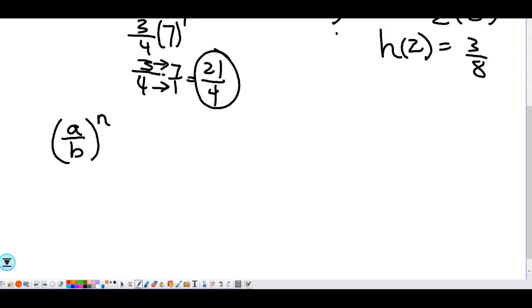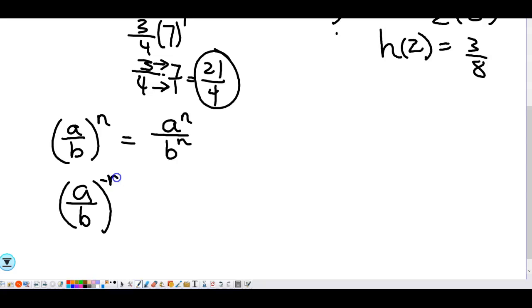When you have a fraction being raised to a power, basically what you do is this, right? Okay, but what happens if you're raising it to, pay attention guys, this one's confusing. What happens when we raise it to a negative power? Well, the same thing. You're still going to put the negative here and here, okay? But now it's a negative power, right?